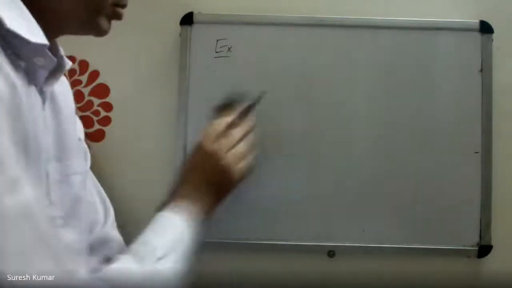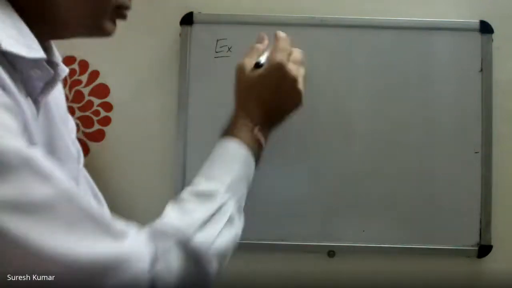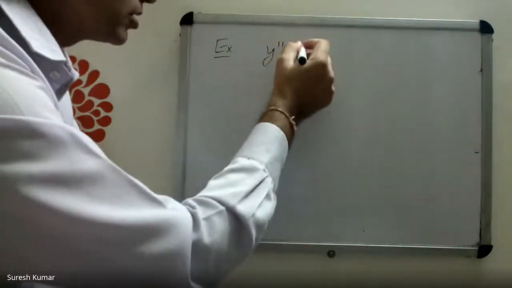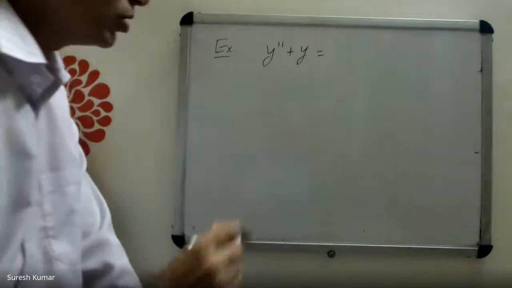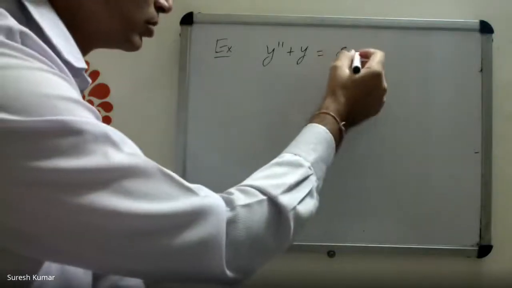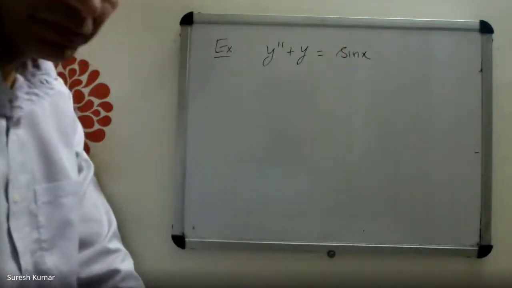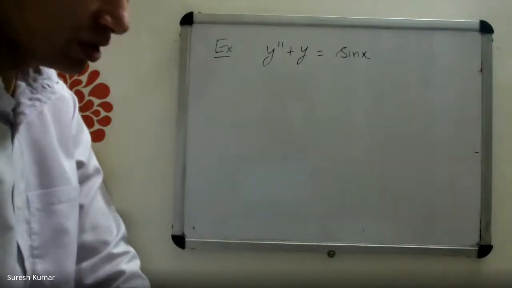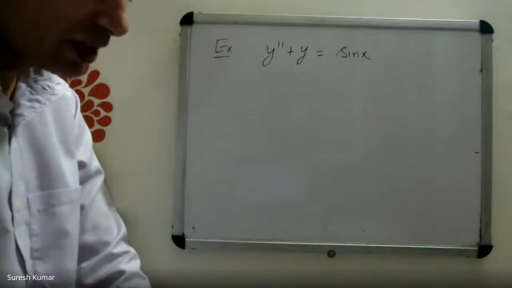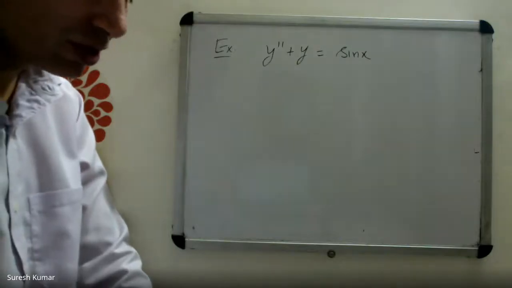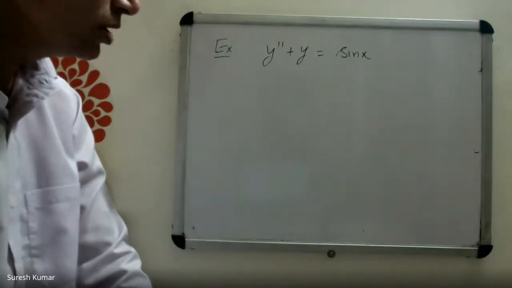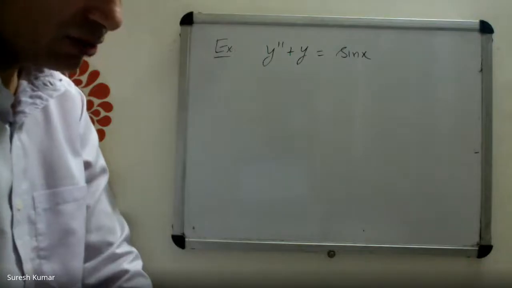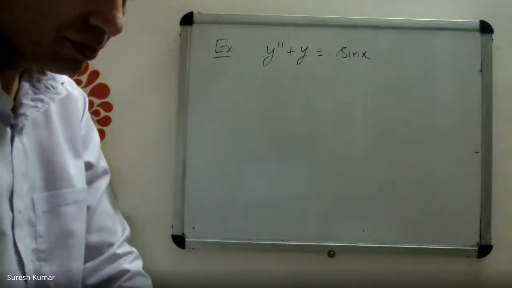Let's see another problem. Y double prime plus y equal to sin x. Find the general solution of this non-homogeneous differential equation using the method of undetermined coefficients.